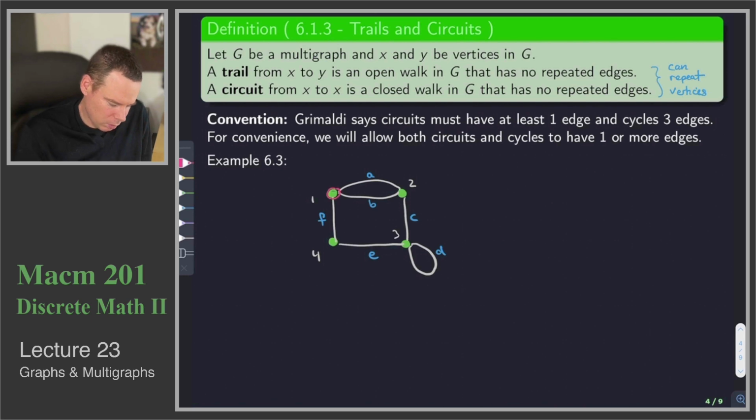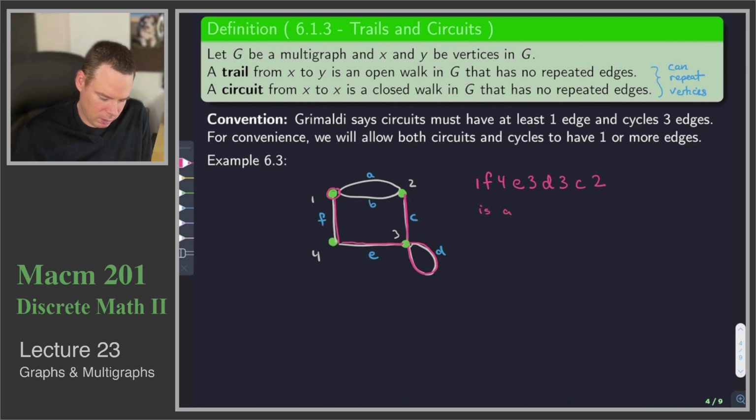Well, we could start at 1, we could go along F, E. I just am not able to repeat an edge, but I can repeat vertices, so I could go along D around the loop, come back to vertex 3, and then maybe go up to 2. So what we have is 1, F, 4, E, and then we're at vertex 3, then we go around the loop back to vertex 3, and then C, and then end at 2.